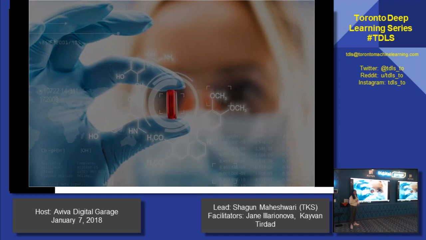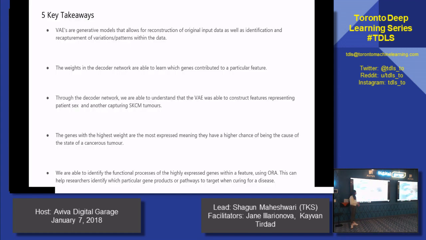So again, this can help researchers identify and create drugs to specifically target areas which can cause cancer, just by understanding the Go terms of a particular gene set or feature 66.